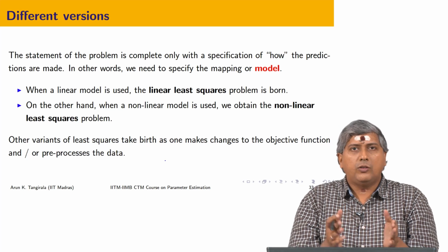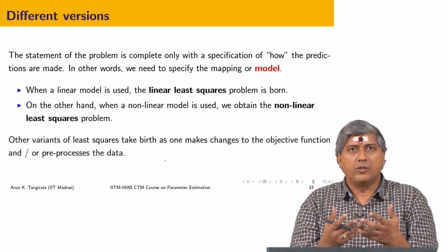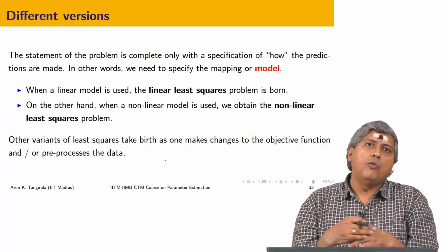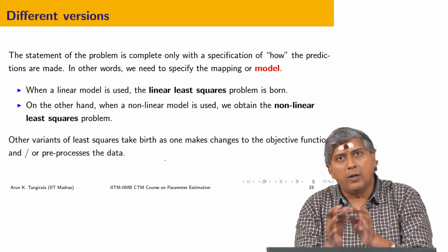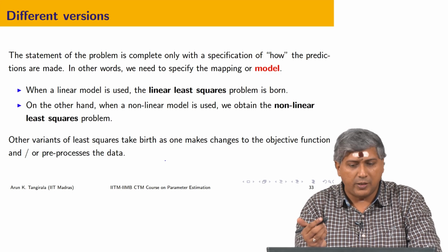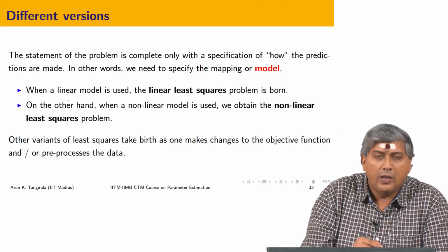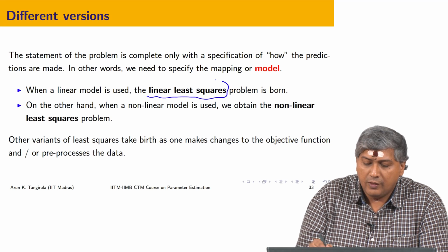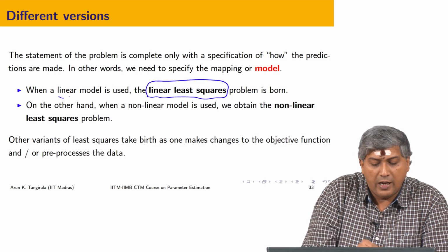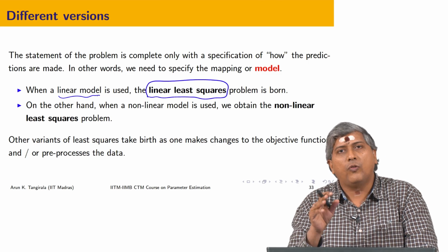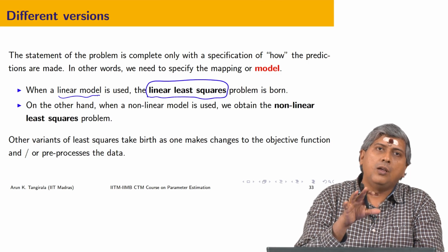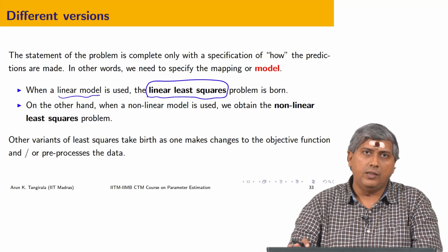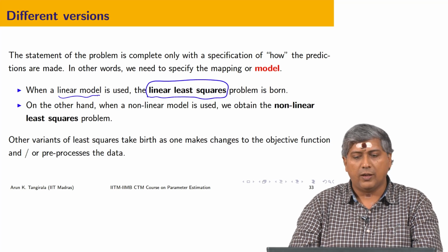Now, until now we have not talked about how we are going to approximate y. Of course, in the previous discussion that we had a couple of minutes ago, we pondered over one possible approximation which is a linear approximation. If you use a linear approximation, then we say that we have a linear least squares problem. Although I say when a linear model is used, model is often used as a term for the mapping between y and the regressors, that is explanatory variables that you have.